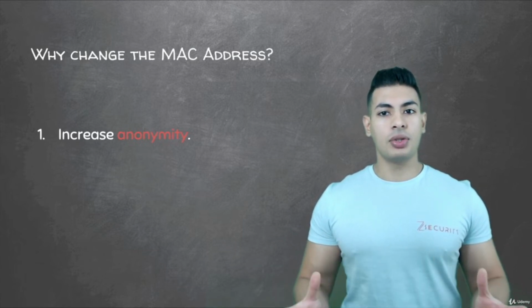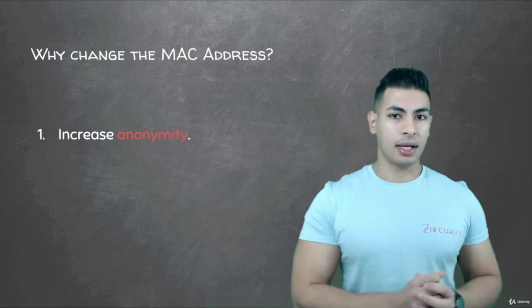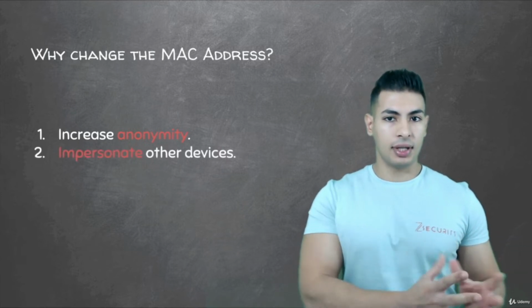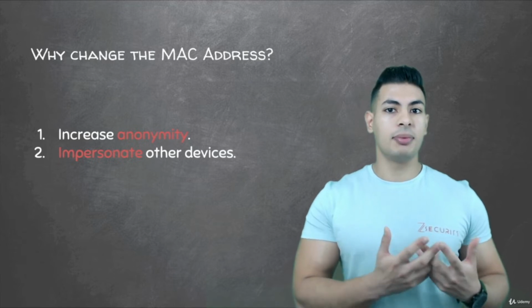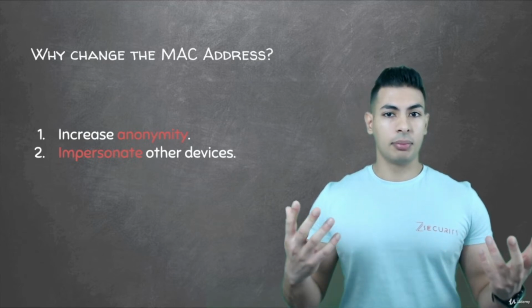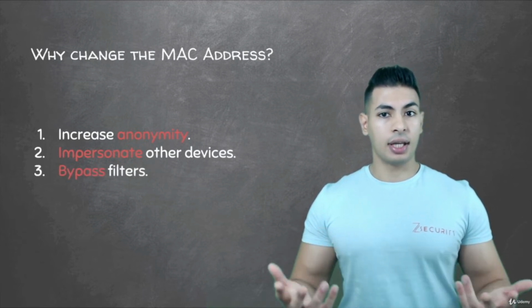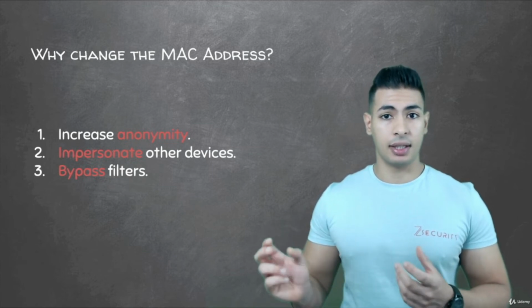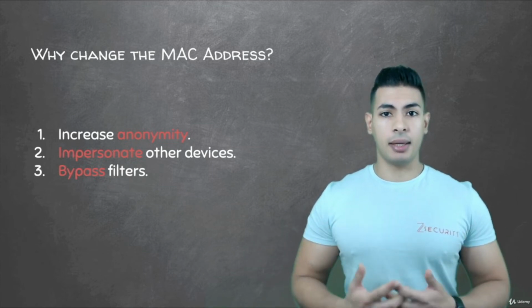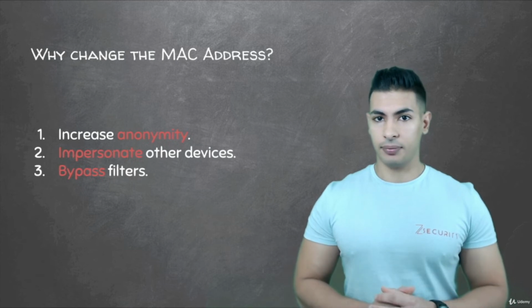So being able to change your MAC address to another device's MAC address will allow you to impersonate this device and do things that you might not be able to do. You'd be able to bypass filters or connect to networks that only specific devices with specific MAC addresses can connect to, and you will also be able to hide your identity.